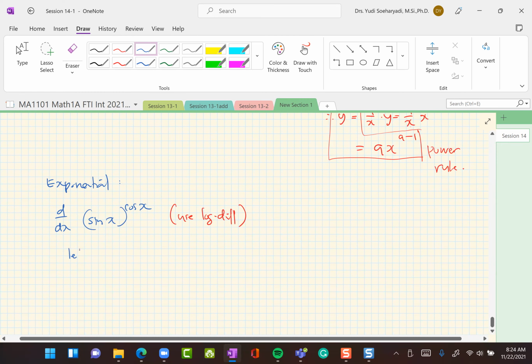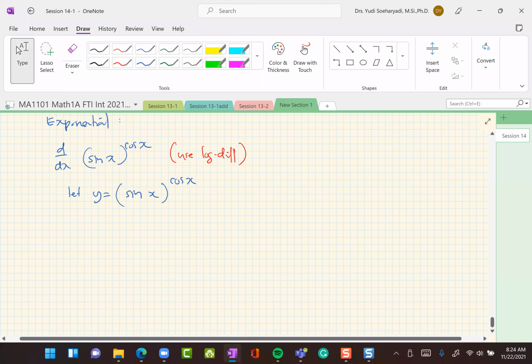So let y equal sine x to the cosine x. Okay, so ln of y is just cosine x times ln of sine x.